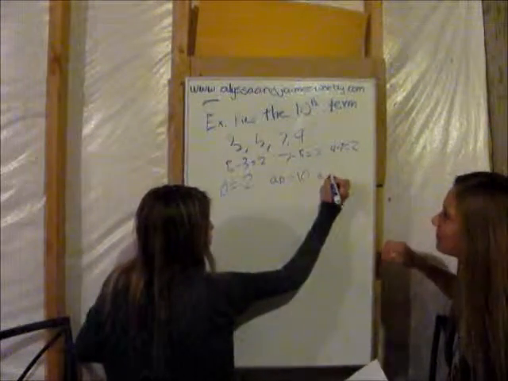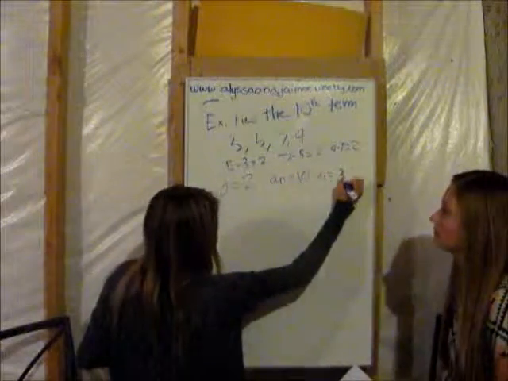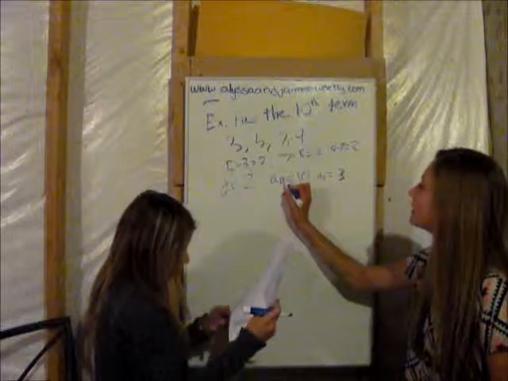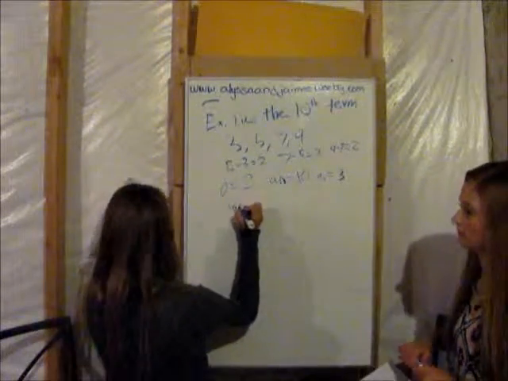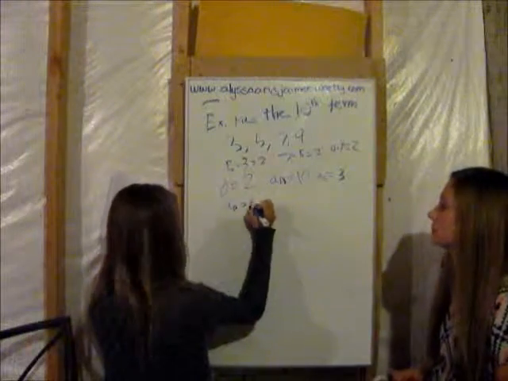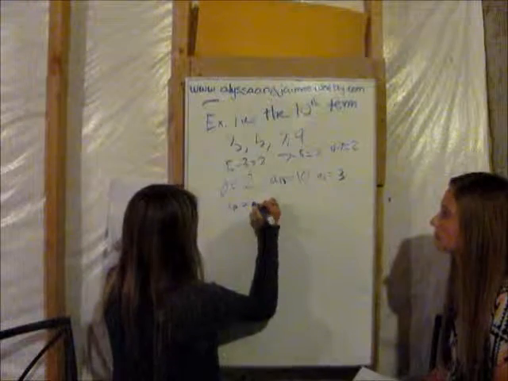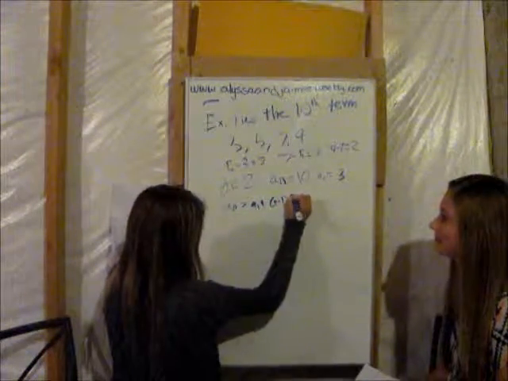And then you have to find A of 1, which is the first term, in this case 3. Next you use the arithmetic sequence formula, which is A of n equals A of 1 plus n minus 1 times d.